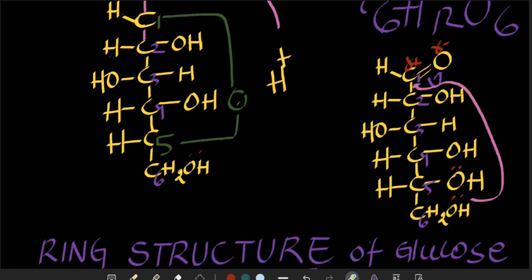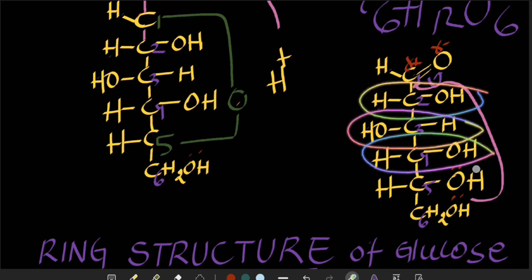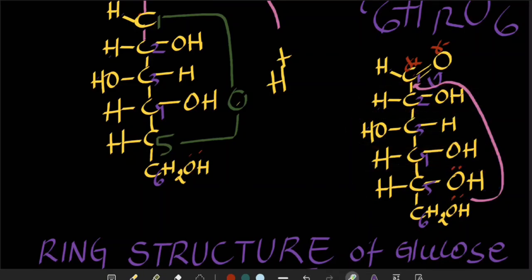This is 1, 2, 3. Double bonds are never considered in chirality. We have the second carbon, which is chiral in nature. We have the third carbon, which is also chiral in nature. We have the fourth carbon, and then we have the fifth carbon, right? So 2, 3, 4, 5 are 4 carbons which are chiral in nature.